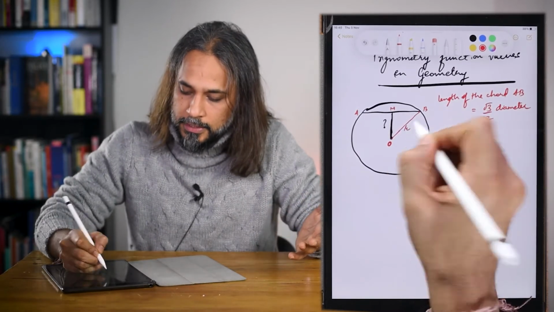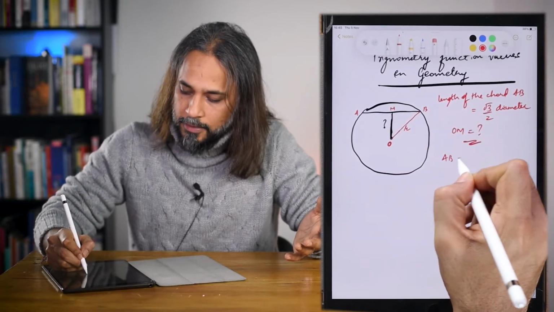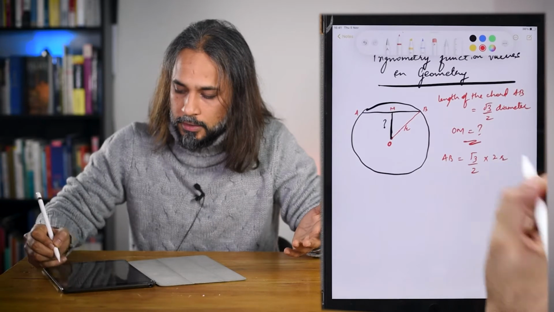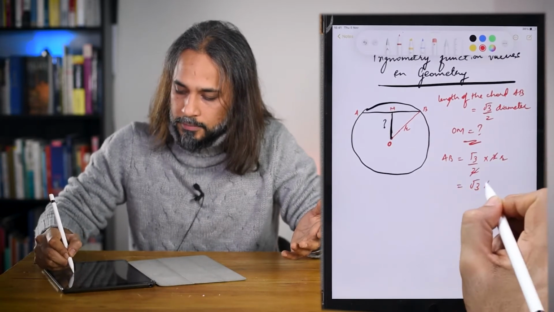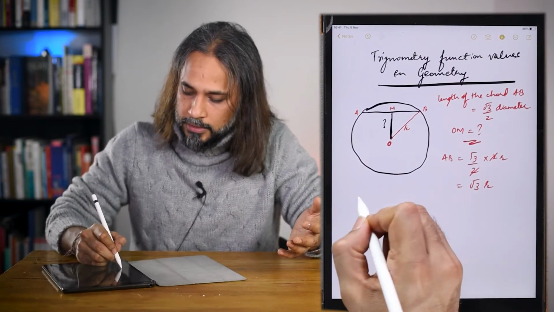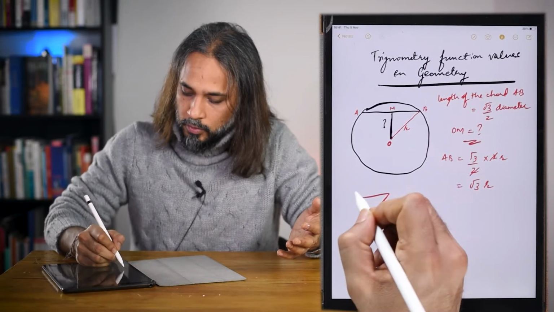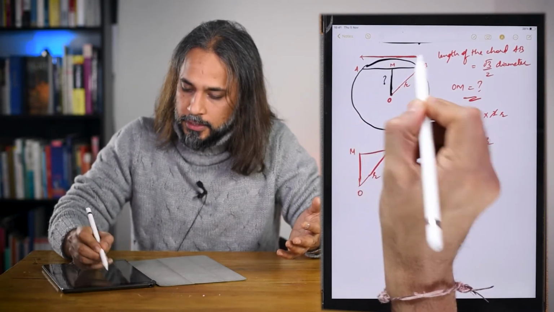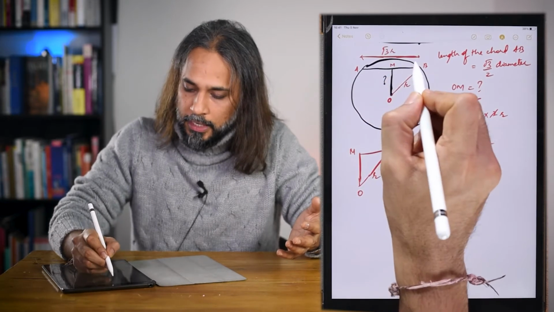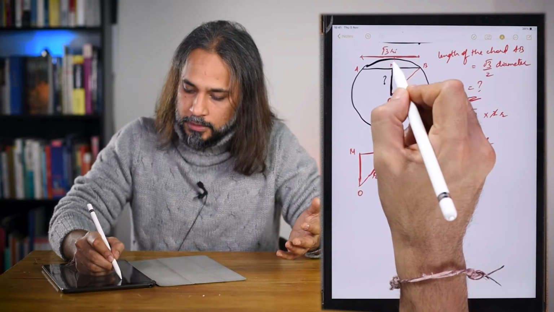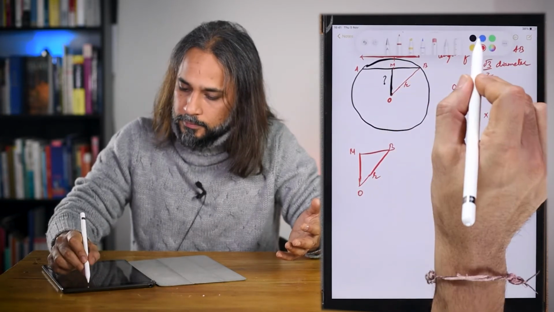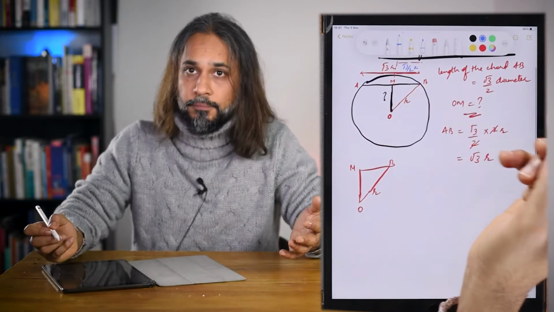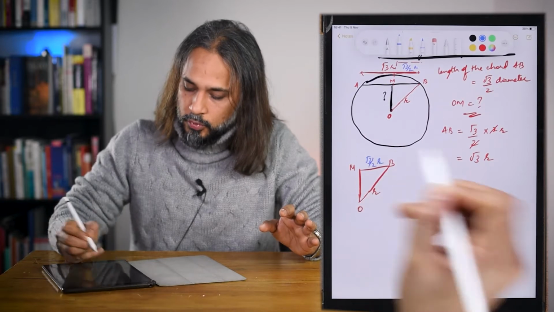You will say this is R, and you are saying AB is root 3 by 2 times the diameter, and the diameter is 2 times R. So basically it is root 3 times R. Now let's reconstruct this triangle, O, M, and B. Since this full distance is root 3 R, this half will become root 3 by 2 R, and this is R.